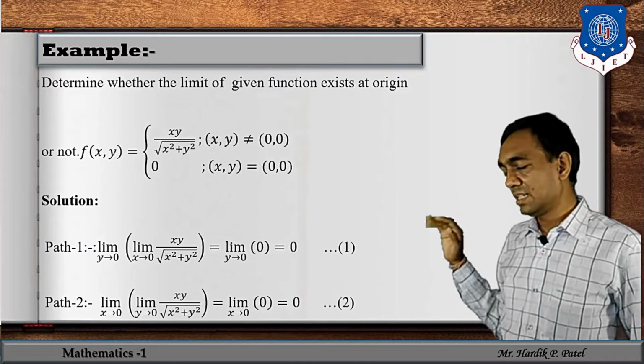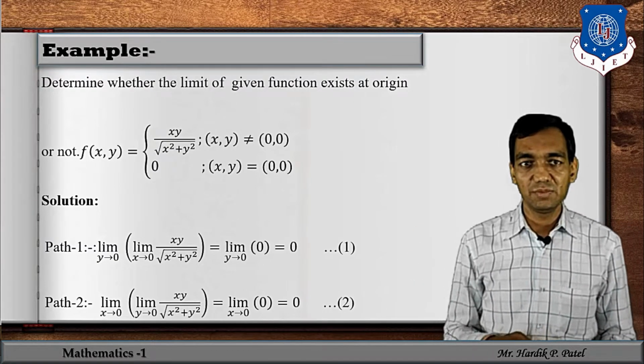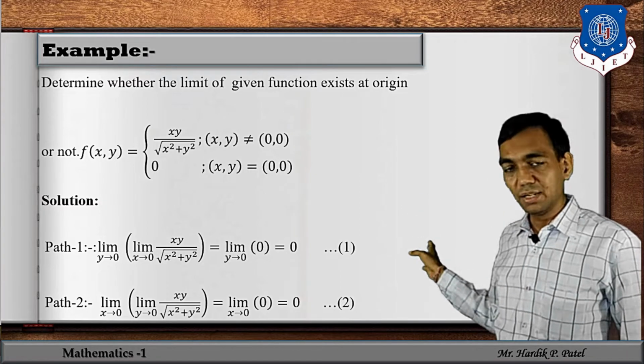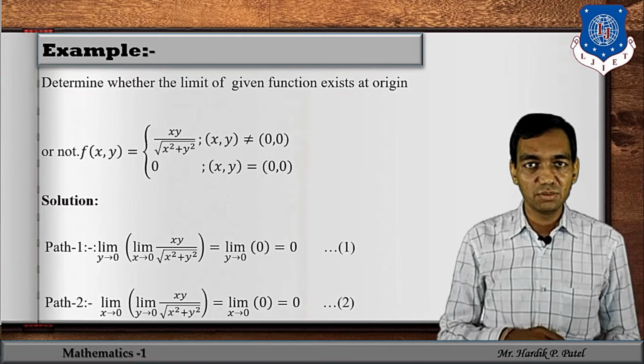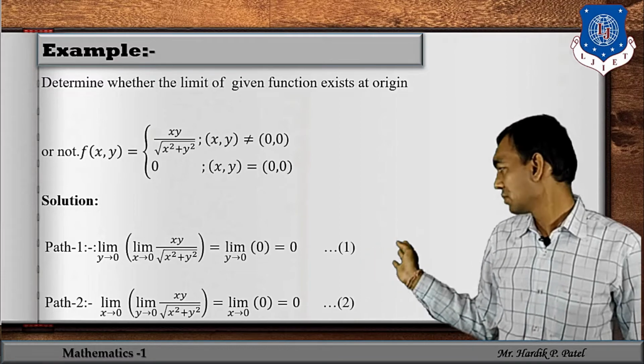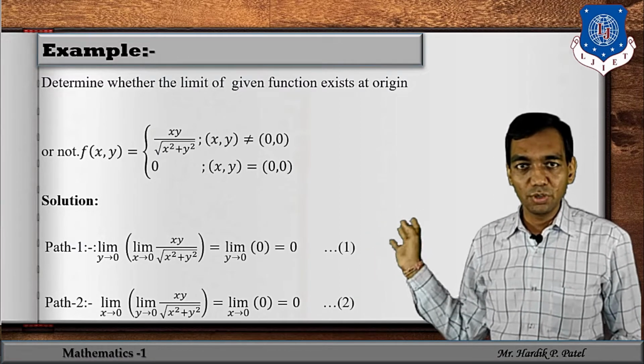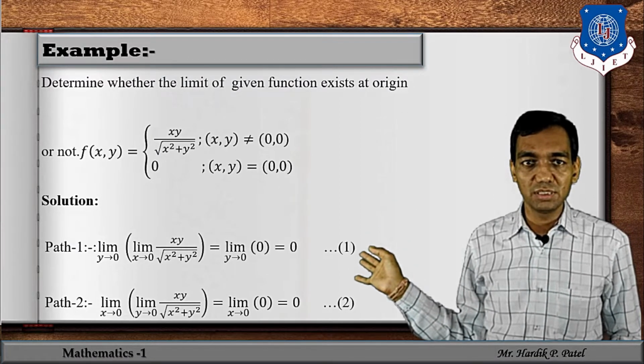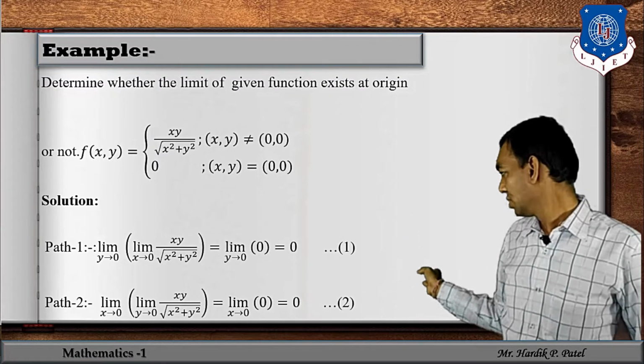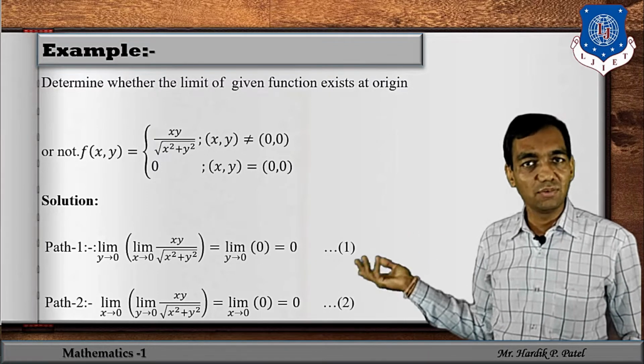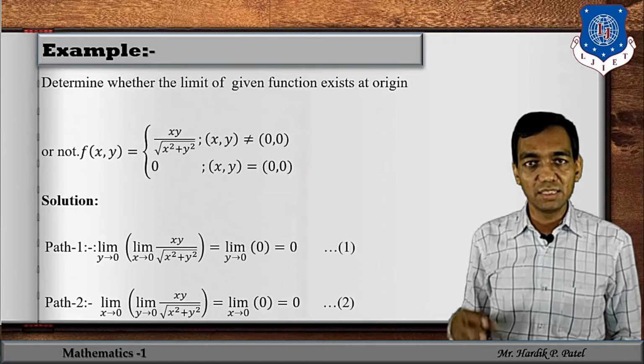So we are first starting with the iterated limit. For path 1, limit y tends to 0, limit x tends to 0, xy upon under root of x square plus y square. If you put x equal to 0 first, then you will have limit y tends to 0, 0 upon under root of y square, that will be 0. And that will give you the answer 0.